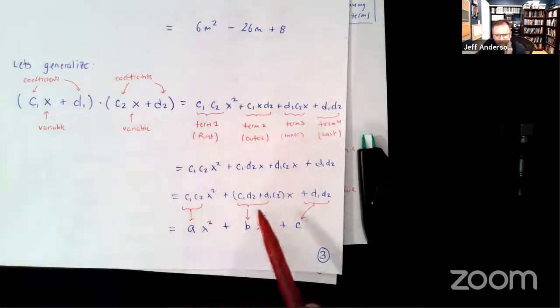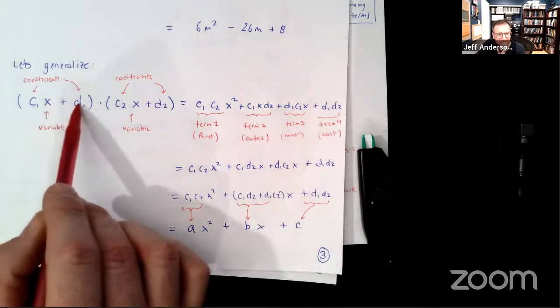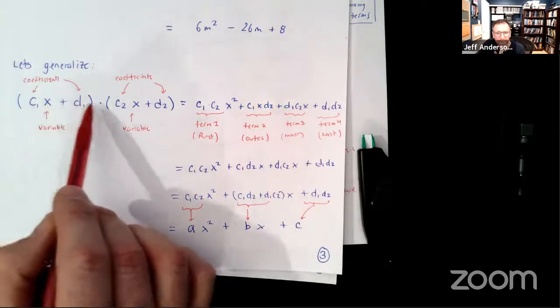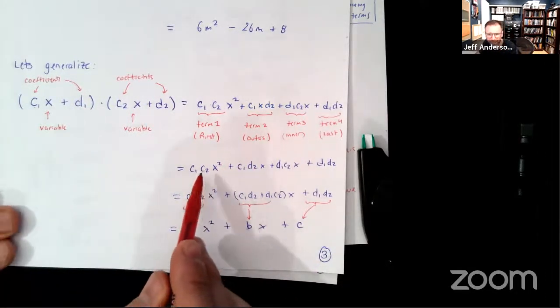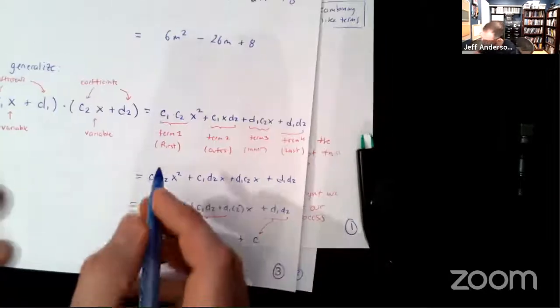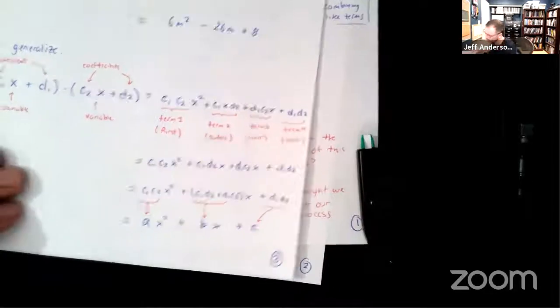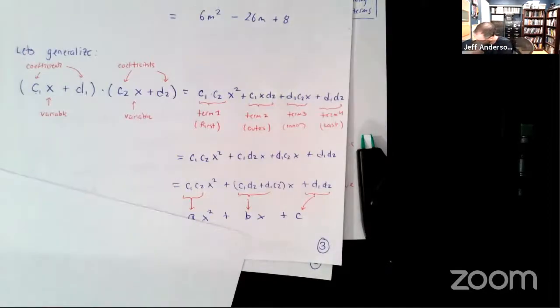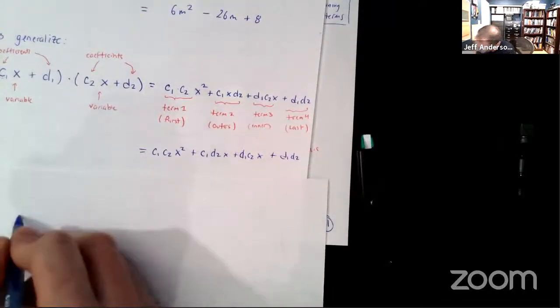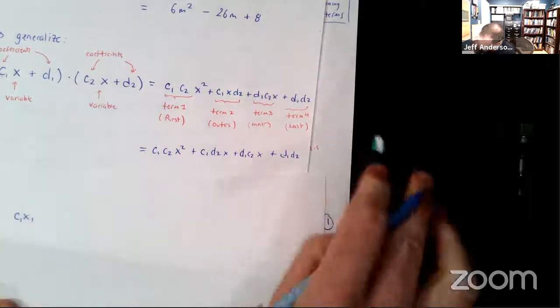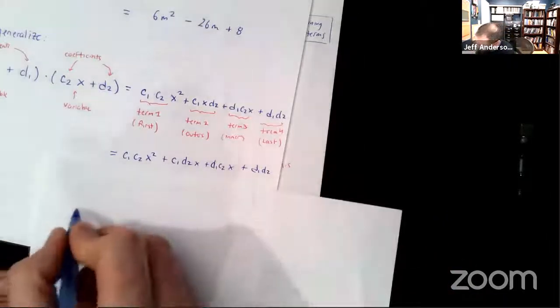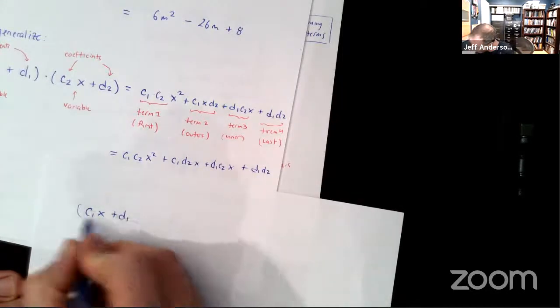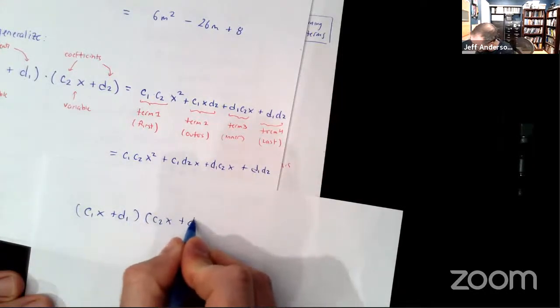What we're going to look for is we want to find these values, when we factor out. So right here is the factor, right? Notice C1x plus D1, times C2x plus D2.